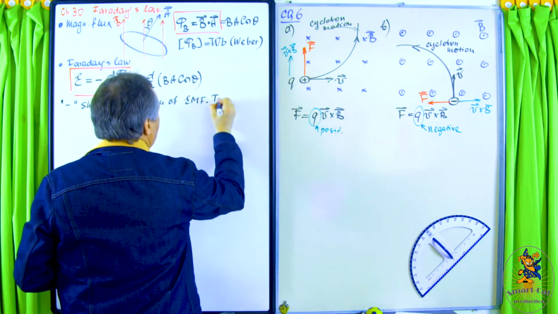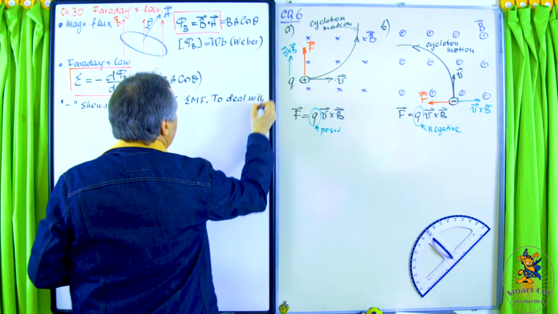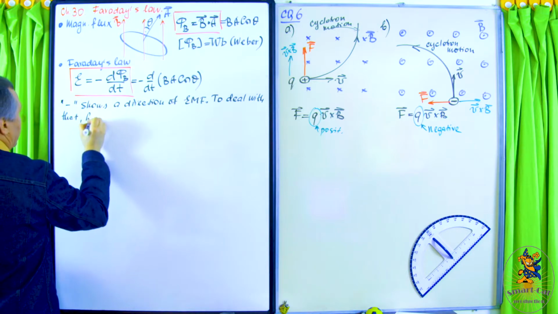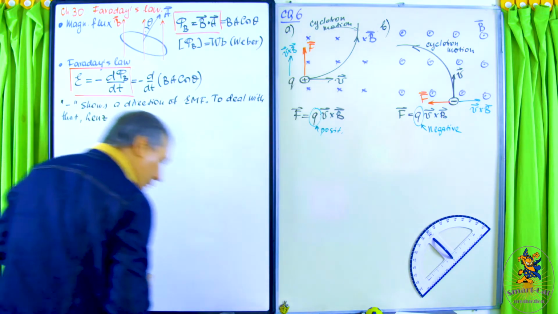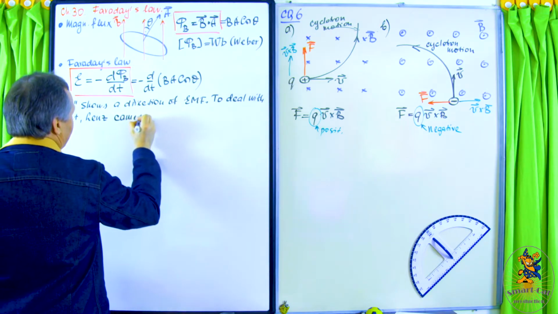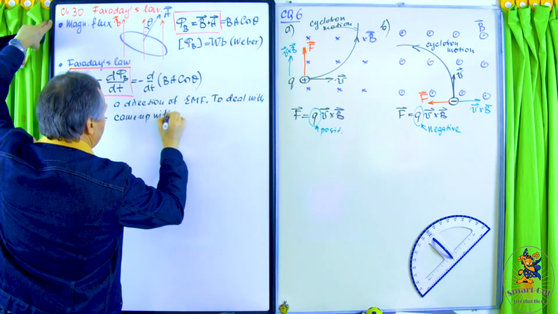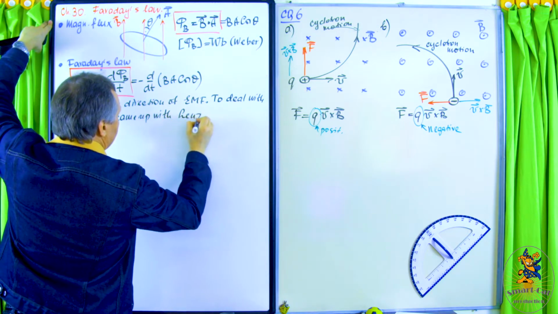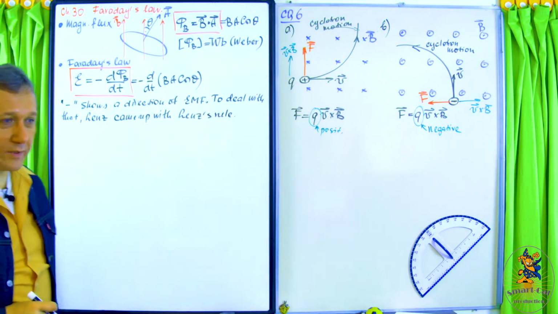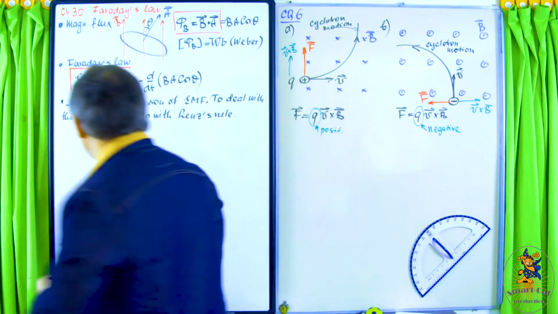Okay, so to deal with that, Lenz, which we wrote, came up with Lenz rule. Again, to avoid dealing with that minus. So he came up with this nice rule.